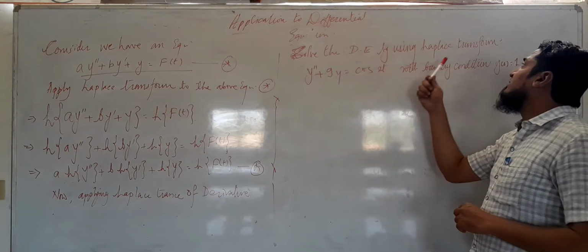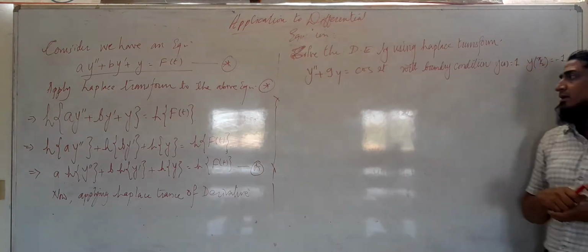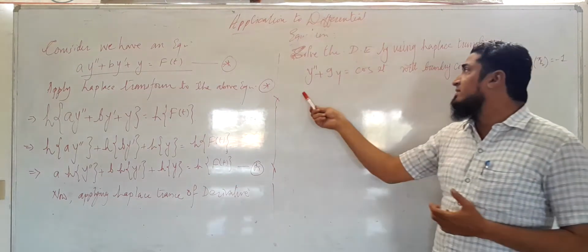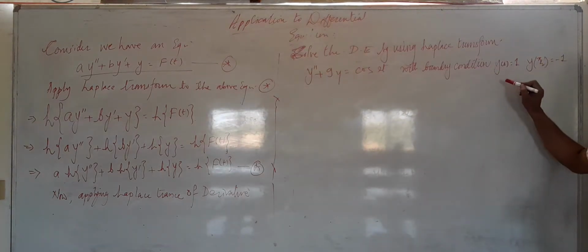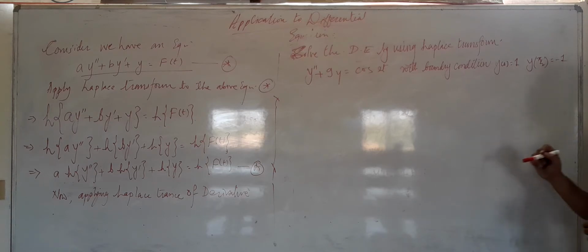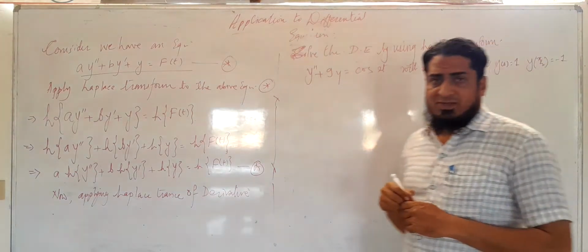Solve the differential equation by using Laplace transform. We have to apply Laplace transform to this differential equation, and using these boundary conditions, we have to find the solution of this equation.